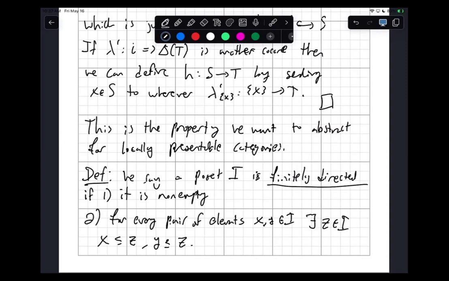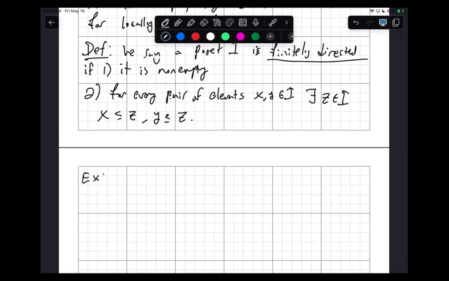So the way I like to think about finitely directed posets is to think that they're moving in a direction, right? They're moving towards something, like flowing in one direction. So in particular, the finite subsets of a set is a directed poset, finitely directed.